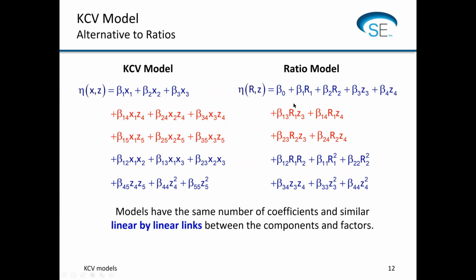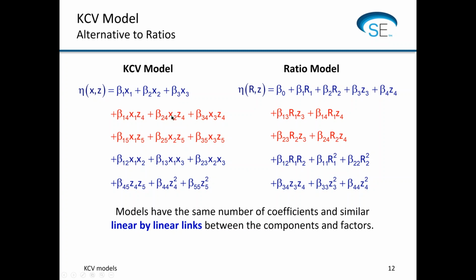And what we do is you just put the ratios into an ordinary polynomial. So you've got the linear terms, the interaction terms, and the squared terms. For all of those things, you're just using ratios. If you look at the KCV models, they always have exactly the same number of coefficients as the ratio models, and they have the exact linkages.